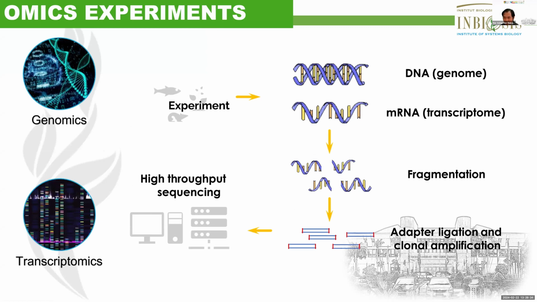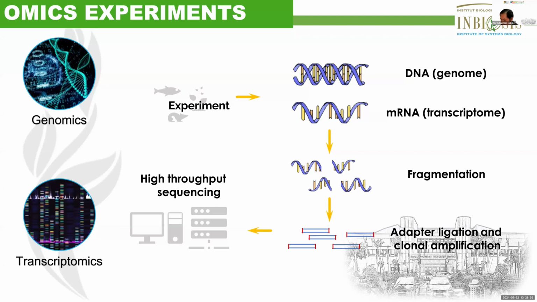This is just an overview. What does an omics experiment look like? Once you design a specific experiment, this is for sequencing-related omics, which is genomics and transcriptomics. We can either extract the DNA or mRNA, depending on what omics you want to profile.